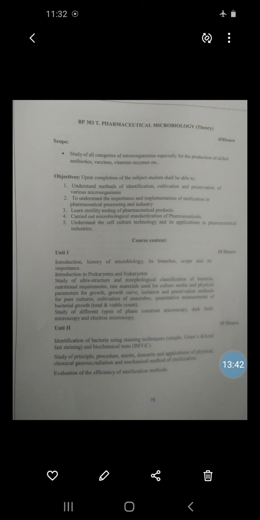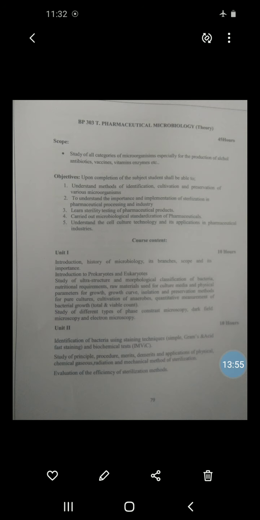The conventional microscope uses visible light that is 400 to 700 nanometers to illuminate and produce the magnified images of the sample. Yes, this microscope uses what? Visible light that is 400 to 700 nanometers.